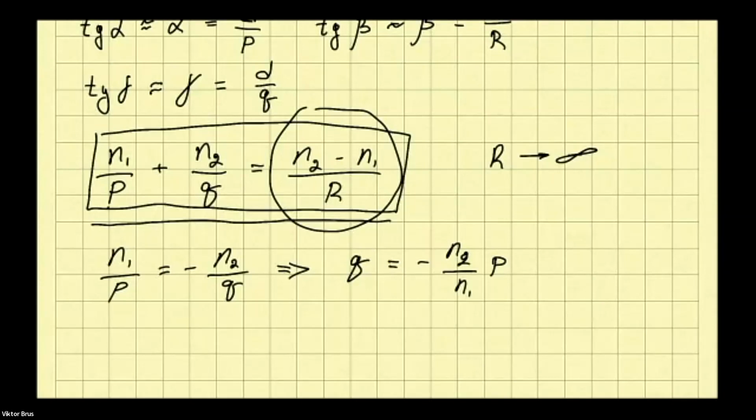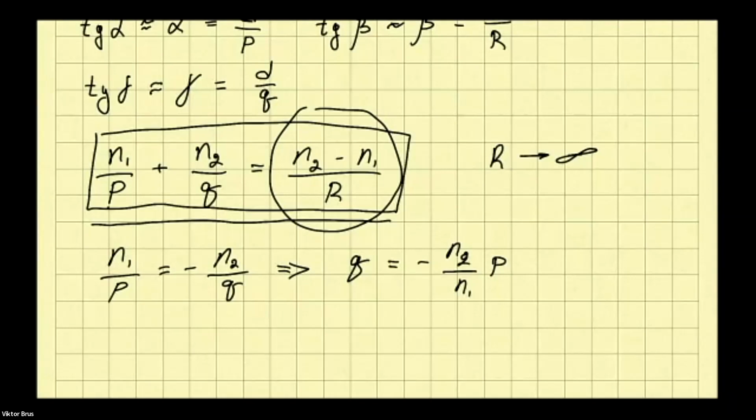So if we have some imaginary image, meaning that rays do not pass through the point of image, and it just appears that they converge from the point of image, that's the definition of imaginary image which we considered last time.